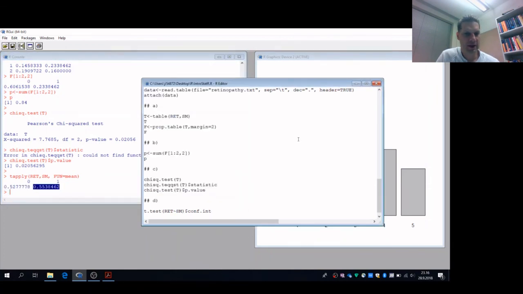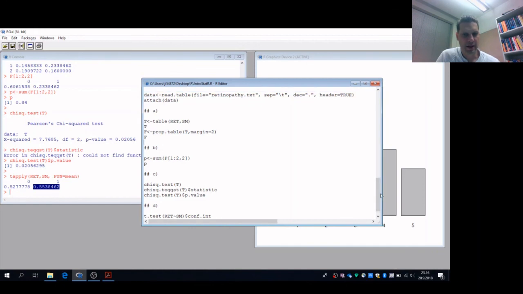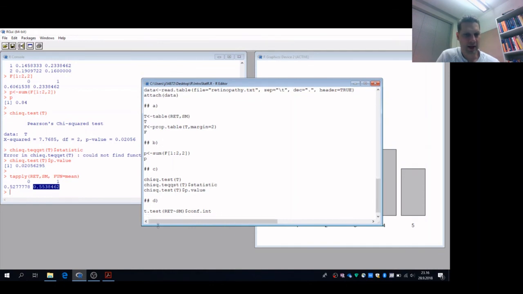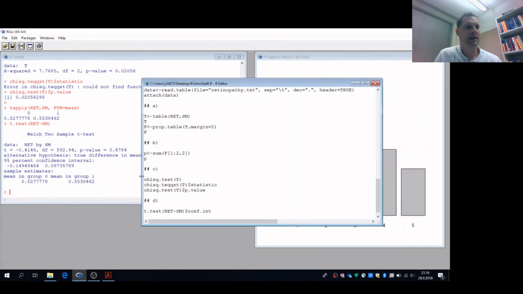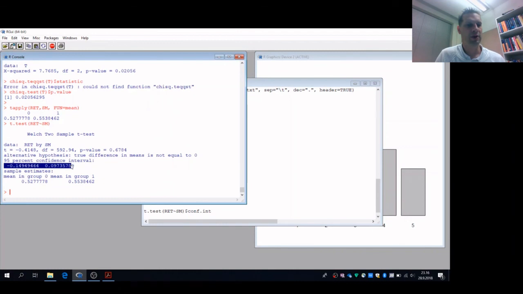The confidence interval in this case can be obtained by again doing a t-test, which is given here. It tests whether the difference is equal to 0, and it calculates a confidence interval for the difference.